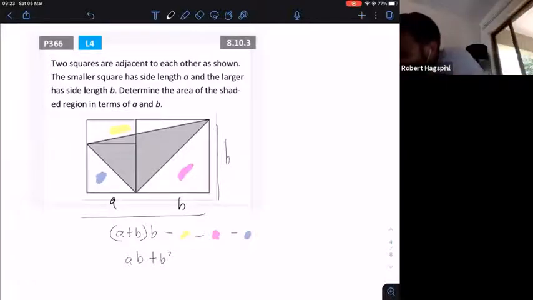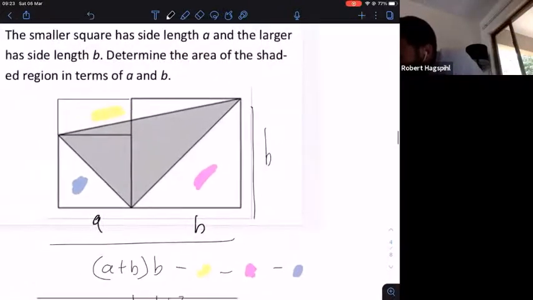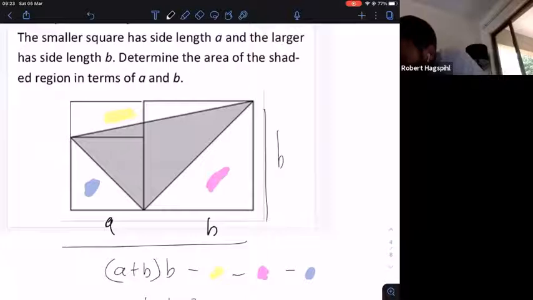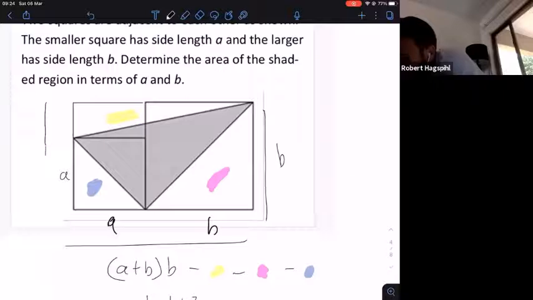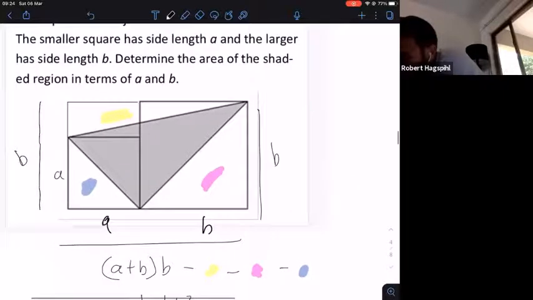Now, let me just fill in. This is A, all right? Does everybody see that if this is B, I've completed the triangle, and so that whole breadth is B, and this small little one is B minus A?